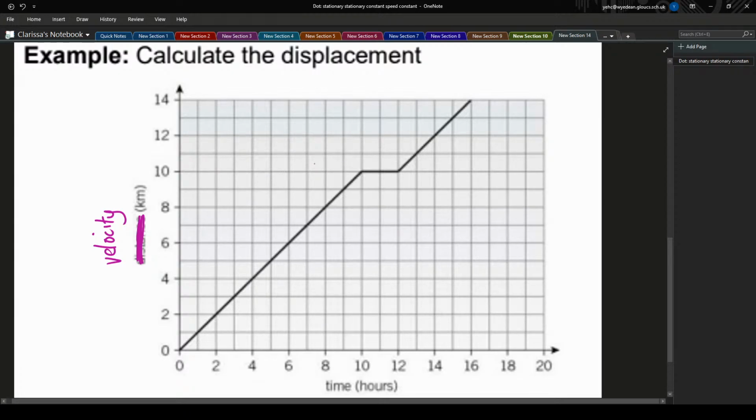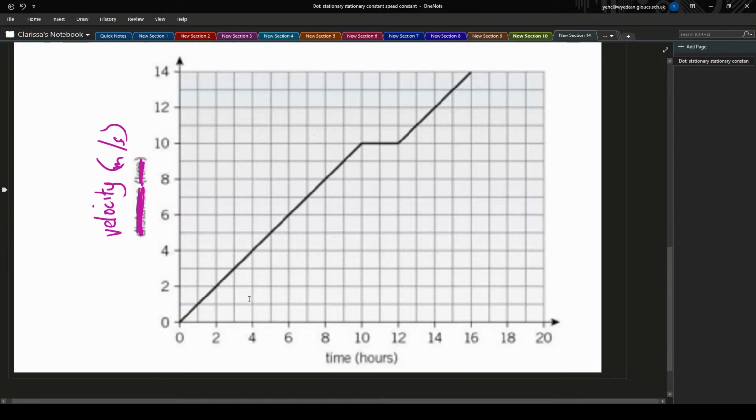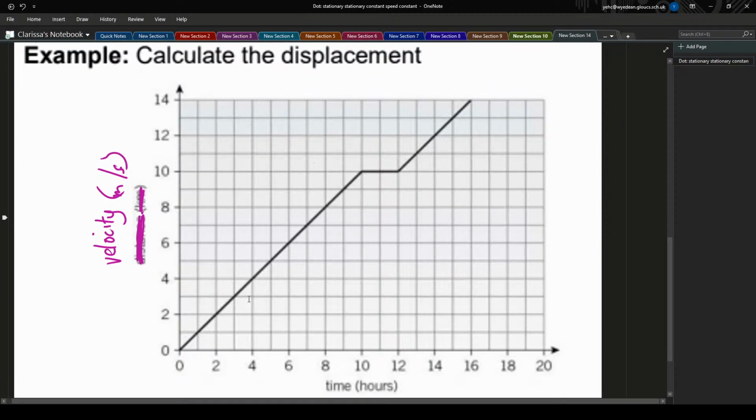Okay, calculate the displacement. So, as this is a velocity time graph, the displacement is the distance traveled. So I need to find the area under the graph. Well, by that I mean the area under the graph line.